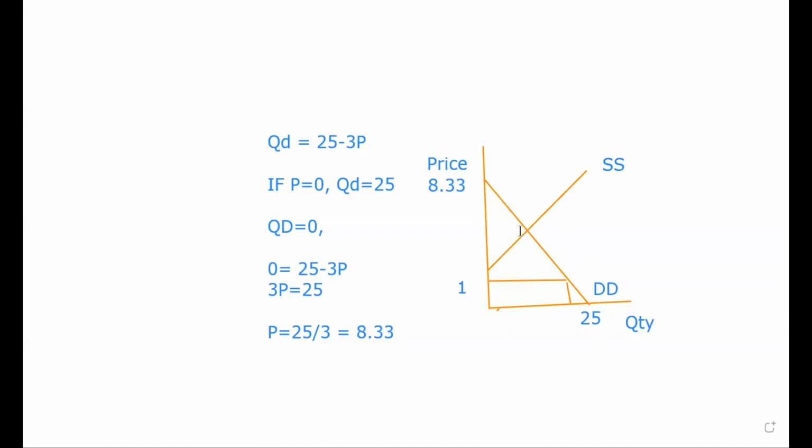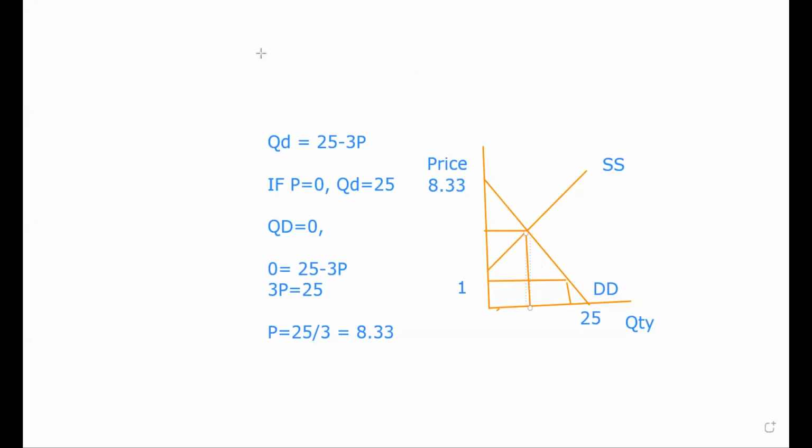So this supply is upward, positively related. Quantity supplied is positively related to price. Quantity demanded is negatively related to price. Then the market equilibrium is established. Okay. So here is the equilibrium price. So this will give you the equilibrium price, and this will give you the equilibrium quantity that will be bought.